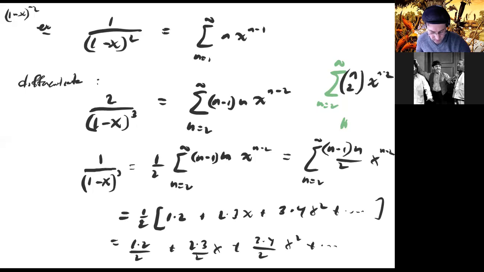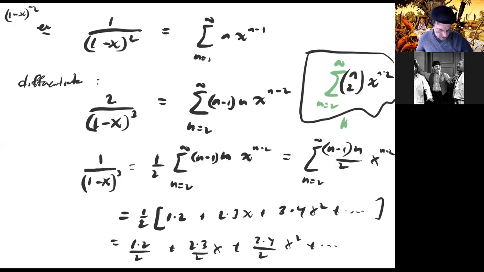So we got this kind of cool expression for the function 1 over 1 minus x quantity cubed, as the sum of n choose 2 times x to the power of n minus 2. If you don't know what a binomial coefficient is, don't worry about it.